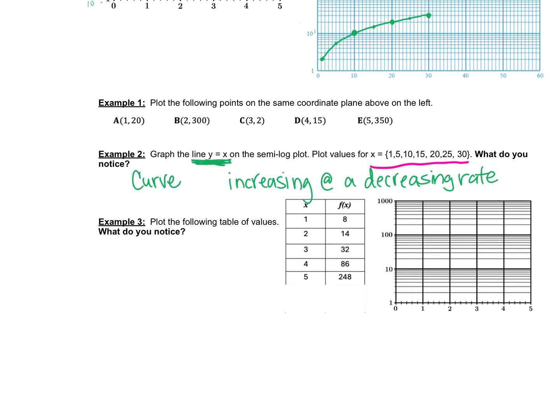This time I gave you a little bitty one to use. We're going to graph that table, and then we're going to talk about what we see.